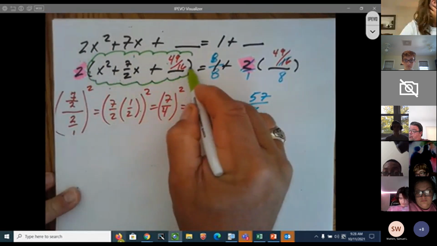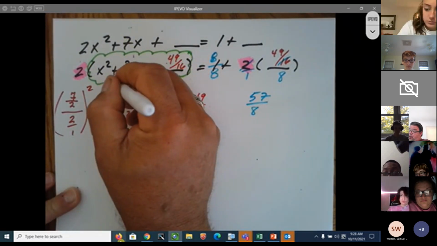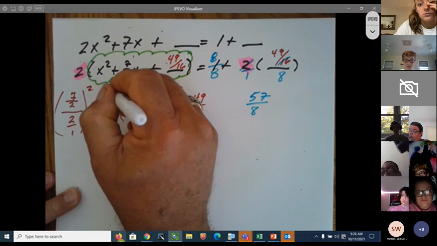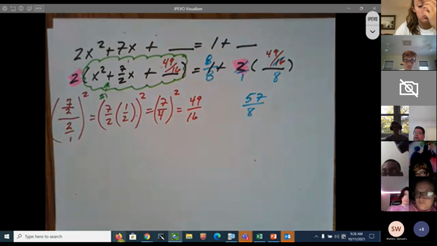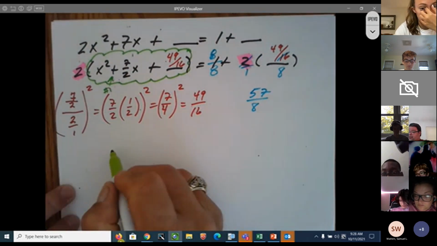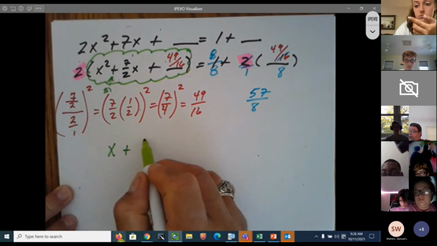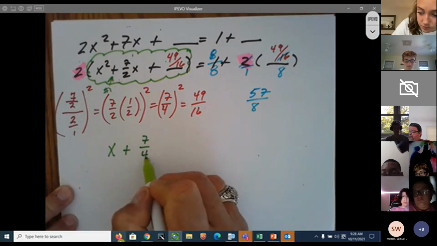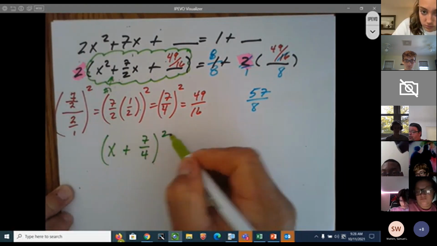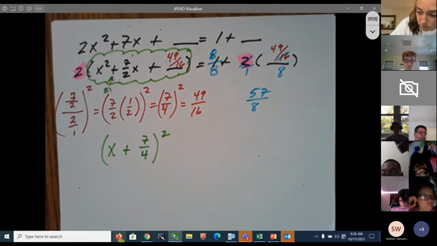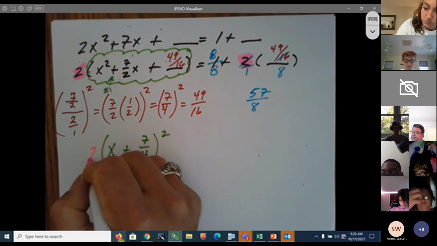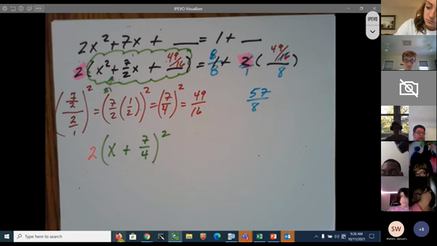That's shortcut number 1 because of that plus. So that's going to be x plus 7/4 quantity squared, with that 2 out front, is equal to 57/8.